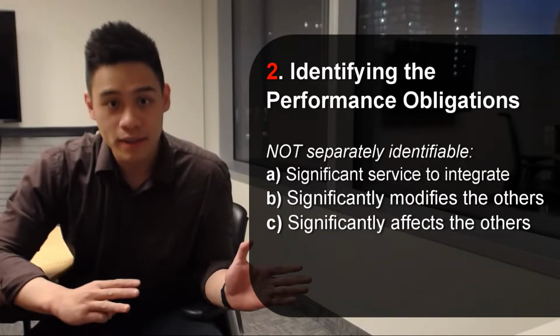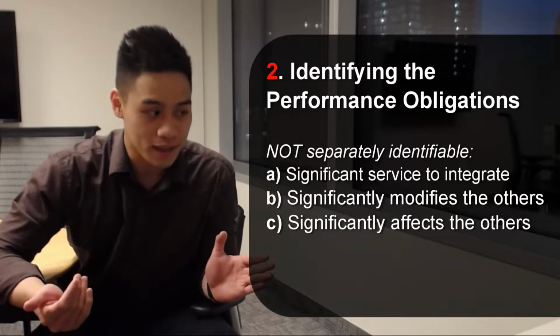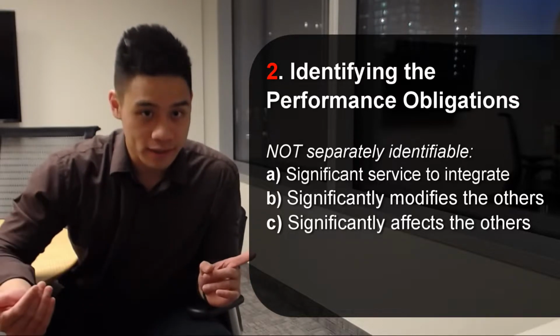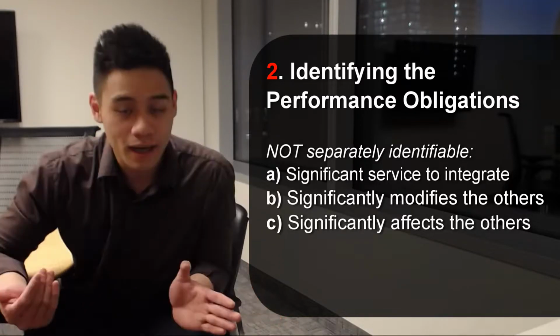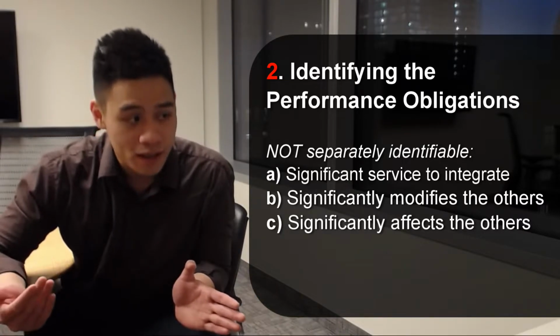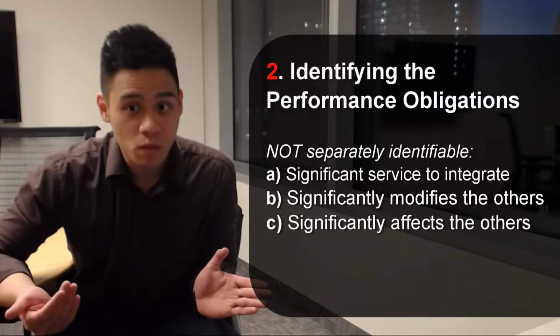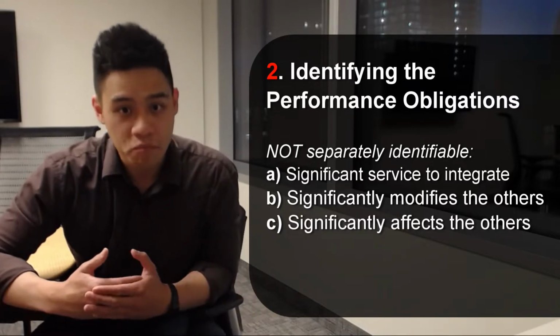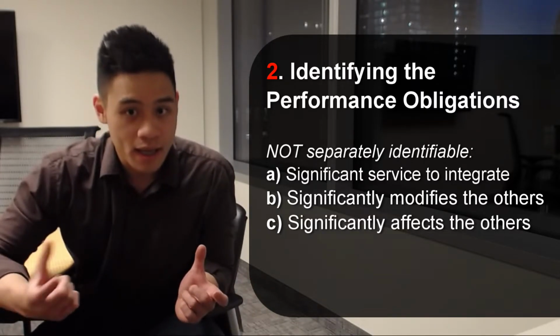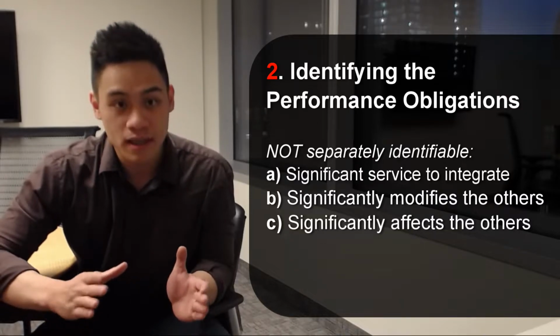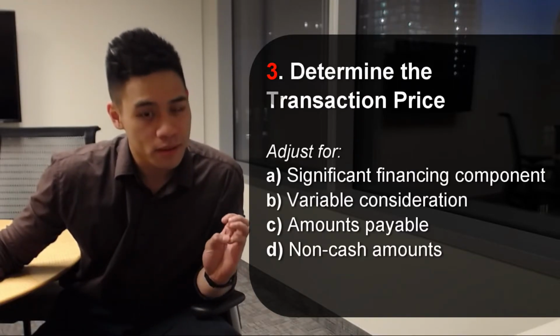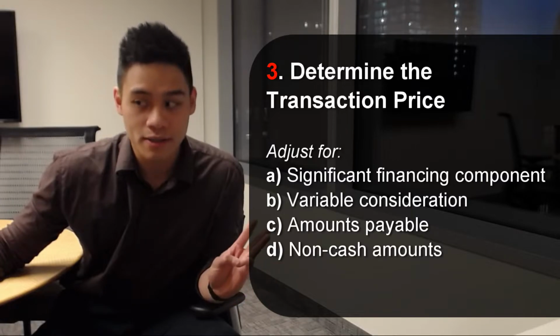And then third is the good or the service significantly affects the other goods and the other services. Like it's asking, are they highly interdependent? Are they highly interrelated? The entity would not be able to fulfill the promise by transferring each of the goods and the services independently.